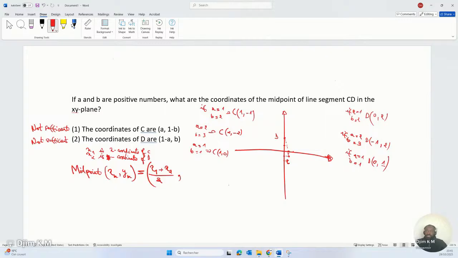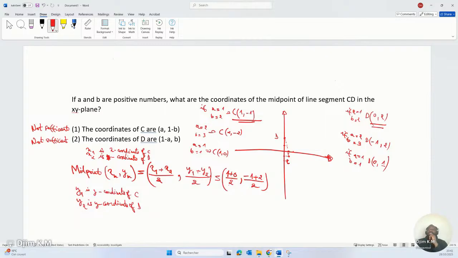And the y coordinate of the midpoint between C and D will be y1 plus y2 divided by 2, where y1 is the y coordinate of C, and y2 is the y coordinate of D. So here we have x1, the x coordinate of C, is 1, plus x2, 0, divided by 2, comma, y1 is minus 2 plus y2, 2, divided by 2.